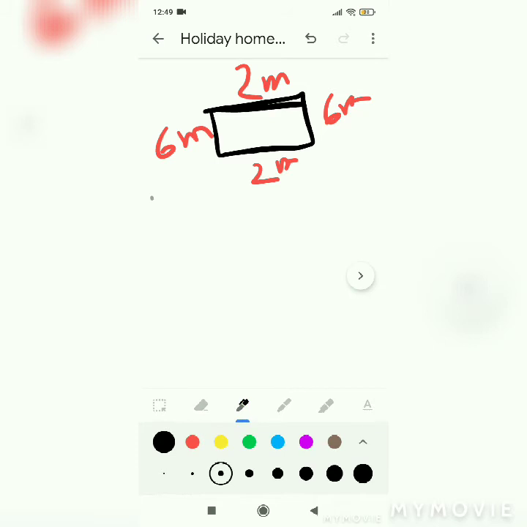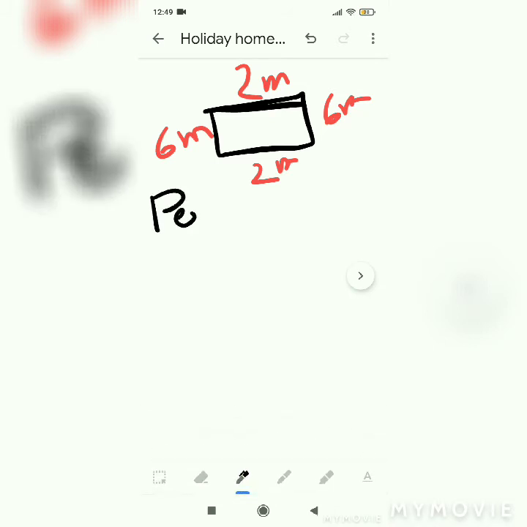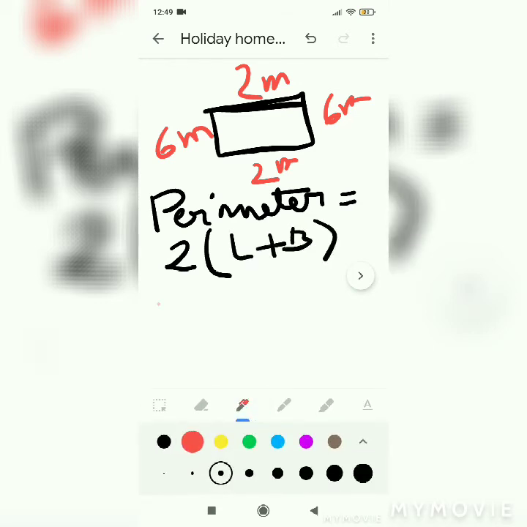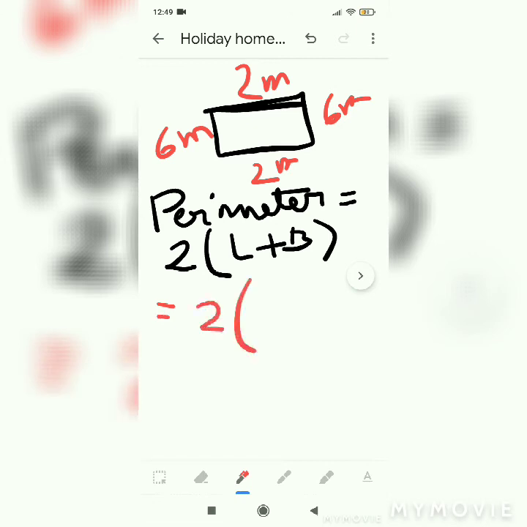So what is the perimeter of a rectangle? Perimeter of rectangle is 2 into L plus B, means length plus breadth. So 2 into, what is our length over here? 2 meter is our length over here, and 6 meter is our breadth over here.